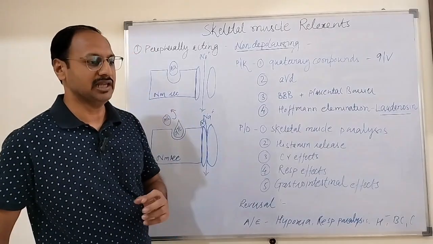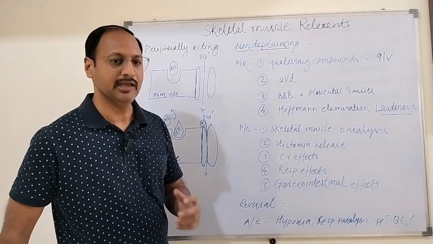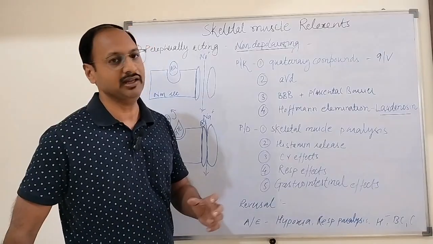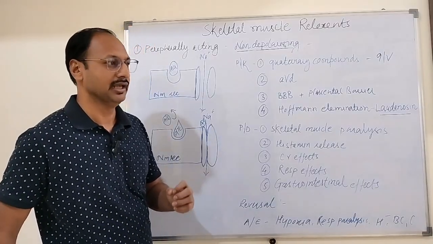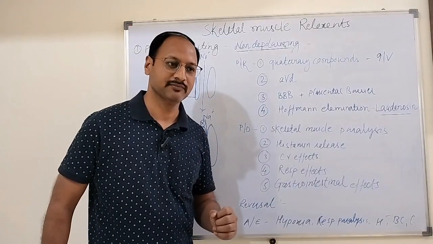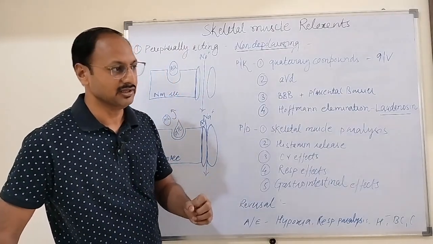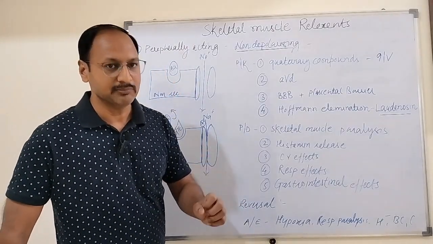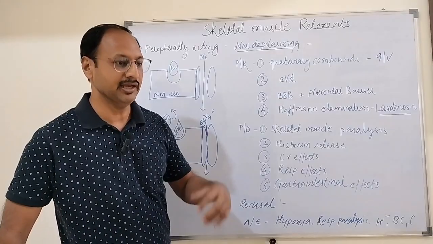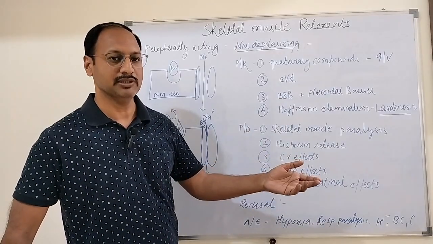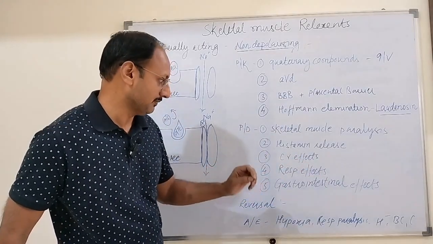Thereafter, large muscles like muscles of abdomen and limbs get affected, and finally intercostal muscles and diaphragm get paralyzed. Recovery occurs in reverse manner, which means recovery of large muscles occurs first and then recovery of small muscles occurs.